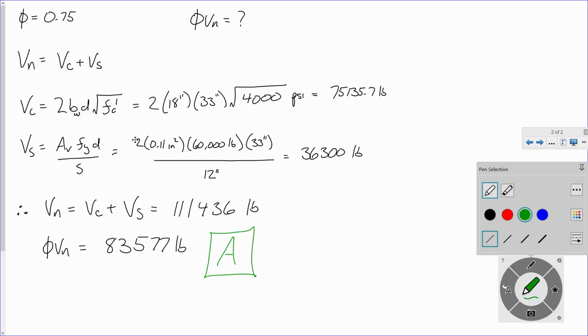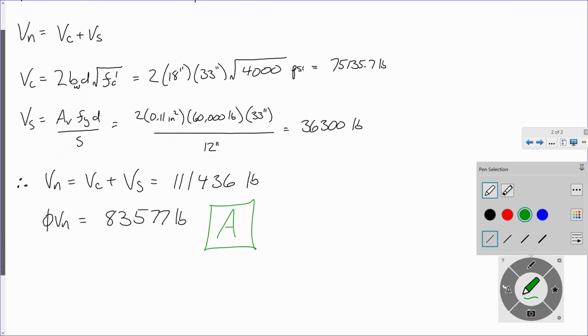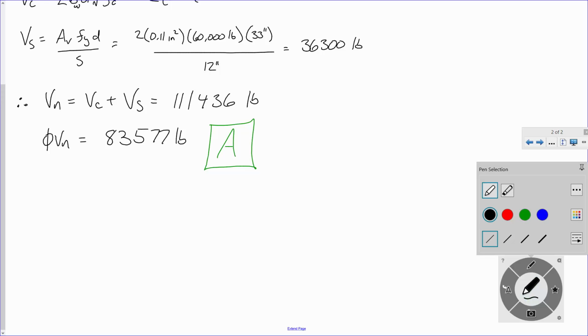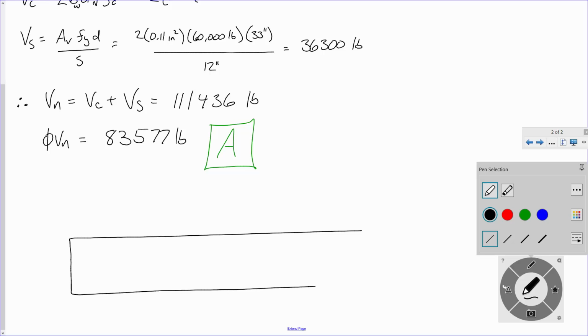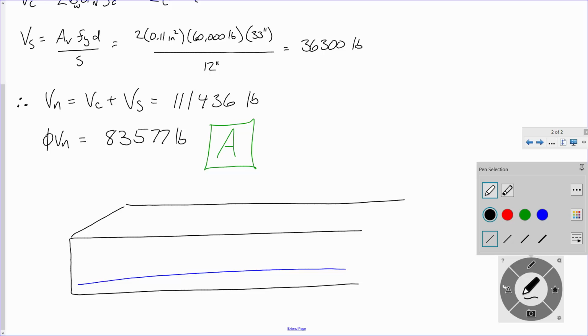All right, I'll do my best with 3D art. So if I have a beam and it looks like this, then I've got some steel inside that beam, and then I've got some support like this.